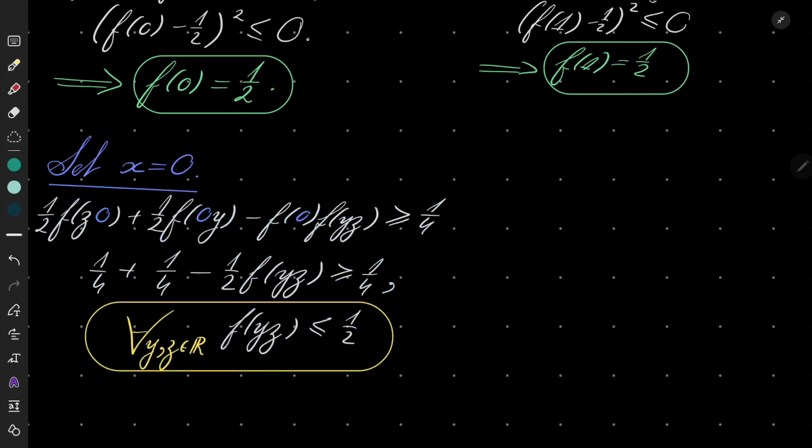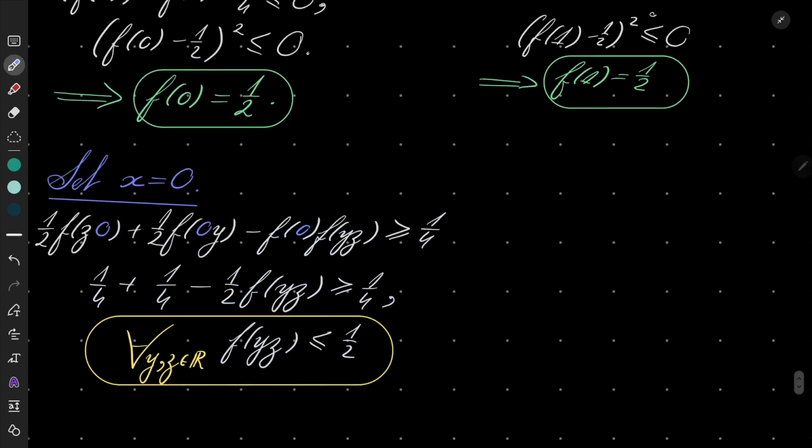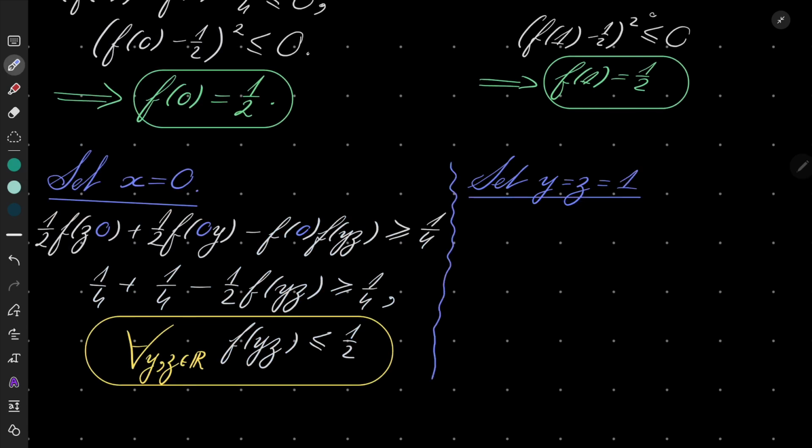Okay, and now maybe I will move it a little bit to the left. Very well. And finally, try setting y and z to be 1. Let's set y and z to be 1. And we will get the following: 1/2 f(zx), but z is 1, so 1/2 f(x), plus 1/2 f(x) again, minus f(x) times f(1) is greater than or equal to 1/4.